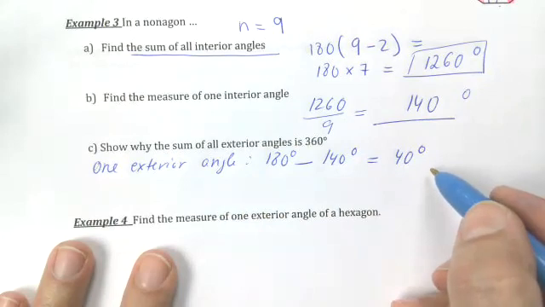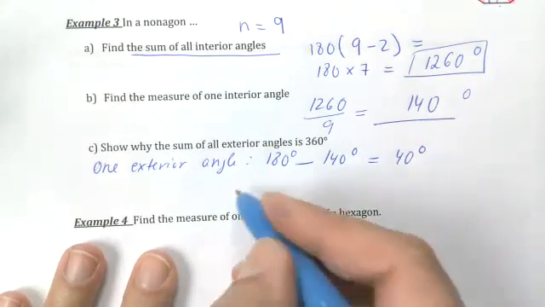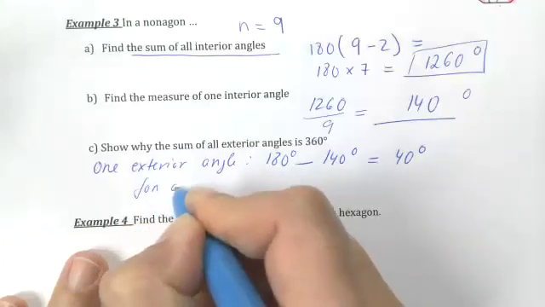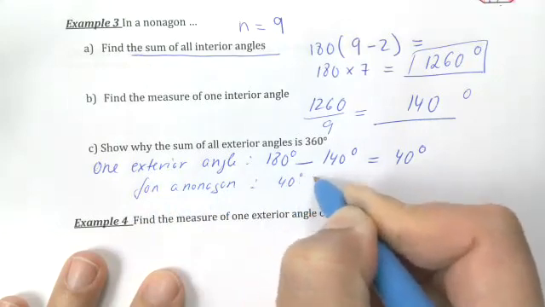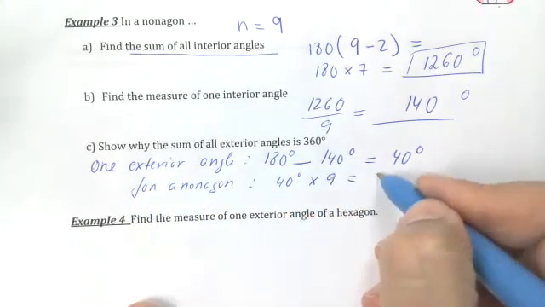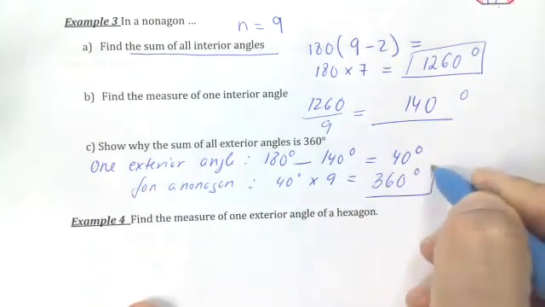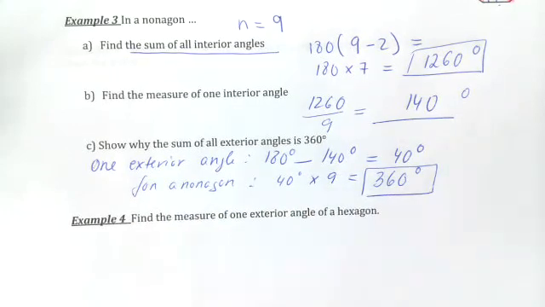Now, how many of these ones does the nonagon have? 9. So for a nonagon, we have 9. So 40 times 9, 360. And we showed that the sum of all exterior angles is 360.